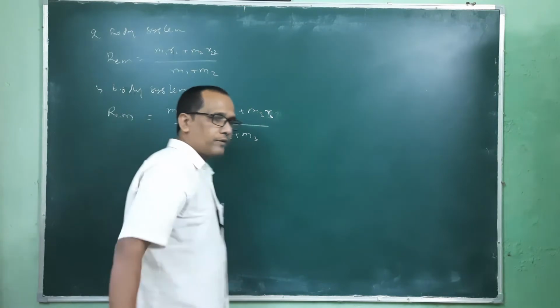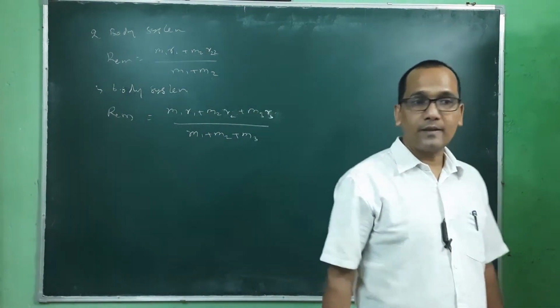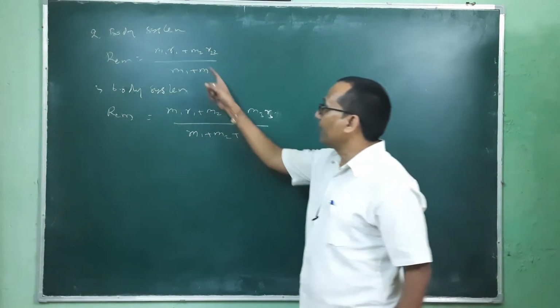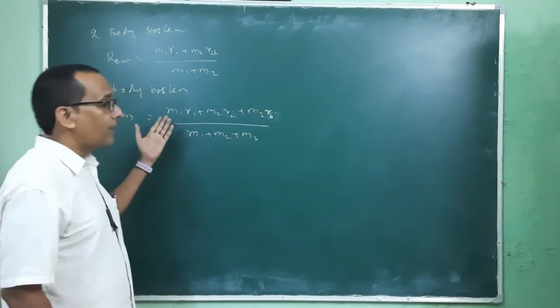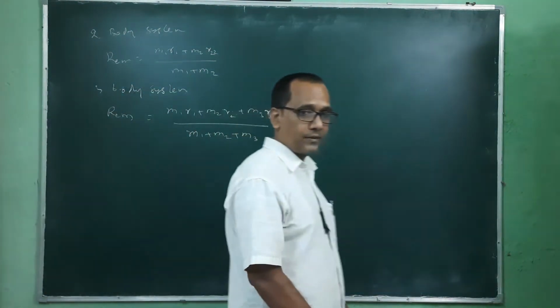So x1, x2, x3 are the coordinates along the x-axis of the masses M1, M2 and M3. And here I have taken this in terms of R, the vector form.